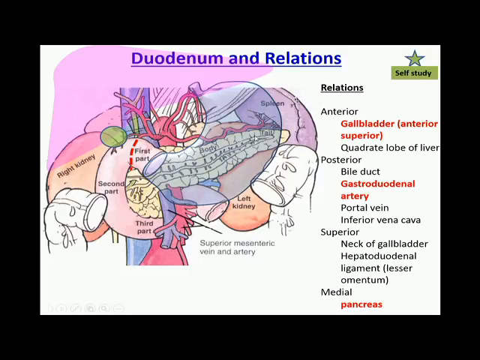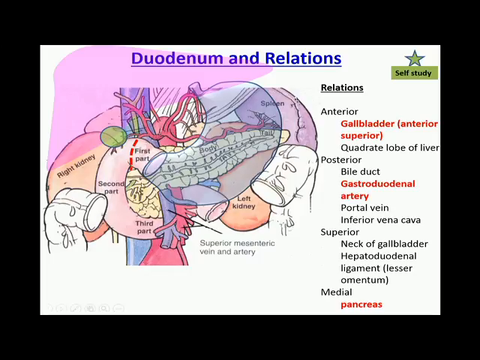Because the stomach is fully covered by peritoneum, this is a transition point. And the jejunum is fully covered by the peritoneum, so the fourth part is a transition point. So these two, first part and fourth part, can be slightly mobile, whereas second and third parts are fixed. They are not mobile. They are purely retroperitoneal.